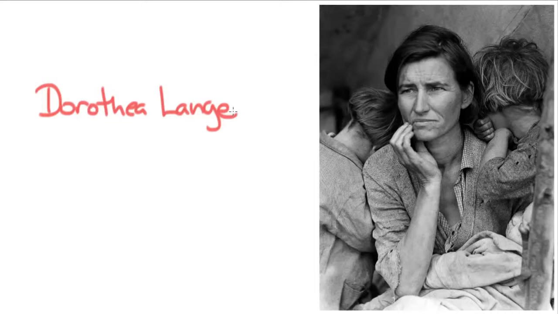Dorothea Lange was sent out with her camera through the United States to take photographs. And this is probably the most famous photograph that she ever took, called The Migrant Mother.